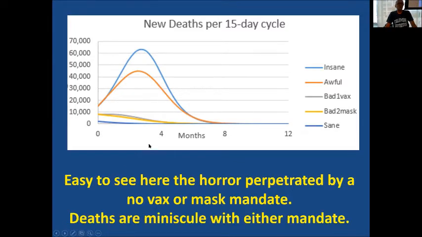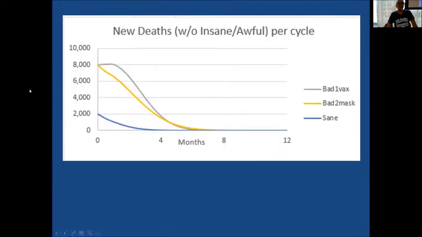And so what you also see is that compared to these two, the deaths in the other three, with just a vax mandate or just a mask mandate or imposing everything, they are minuscule compared to the deaths in these two areas. But actually, I have another graph.